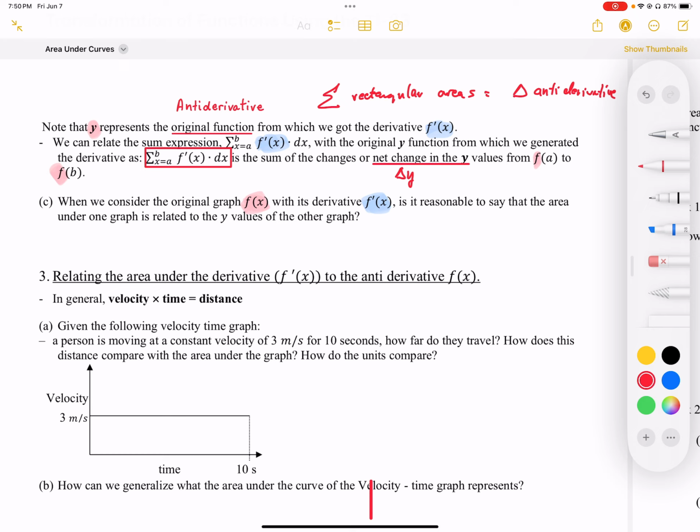Okay, so when we consider the original graph of f of x, the antiderivative, and the derivative function f prime of x, is it reasonable to say that the area under one graph is related to the y values of the other graph? And the answer is absolutely yes. They are very much connected. In fact, they are essentially the same thing.